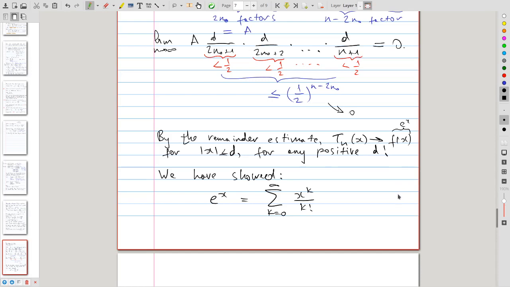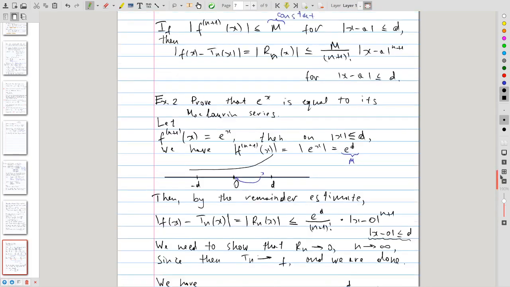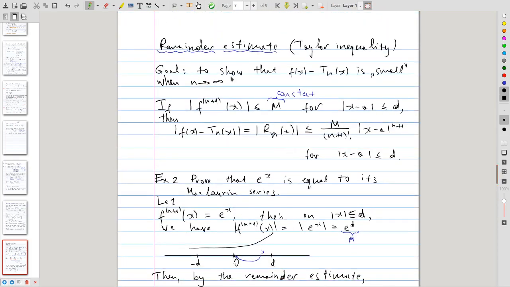Something that we were previously forced to just assume without justification. Now we have rigorously established that this function is indeed given by this power series representation. And that is because of the remainder estimate.